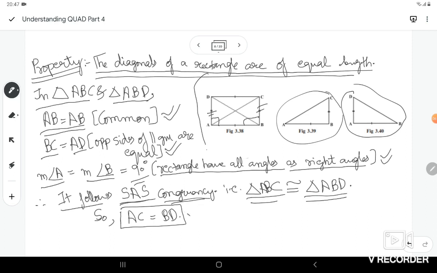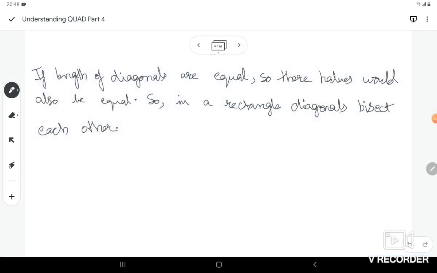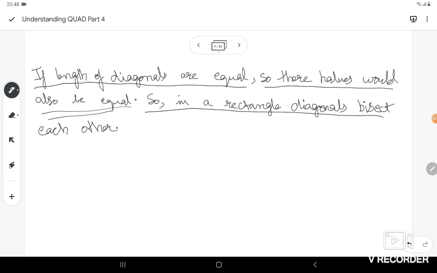Now we can clearly say that AC is equal to BD. That is, diagonals of a rectangle are of equal length. Also, if the lengths of the diagonals are equal, their halves would also be equal. So we can say in a rectangle, diagonals bisect each other.